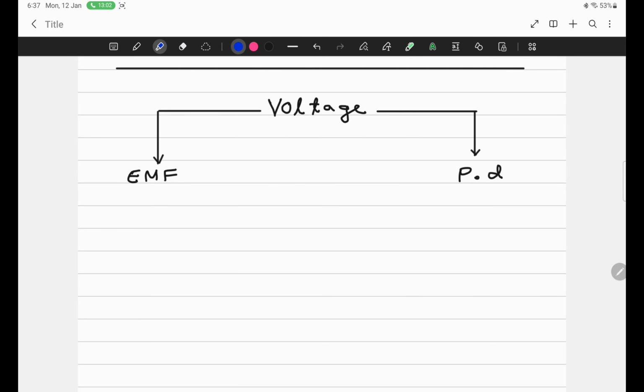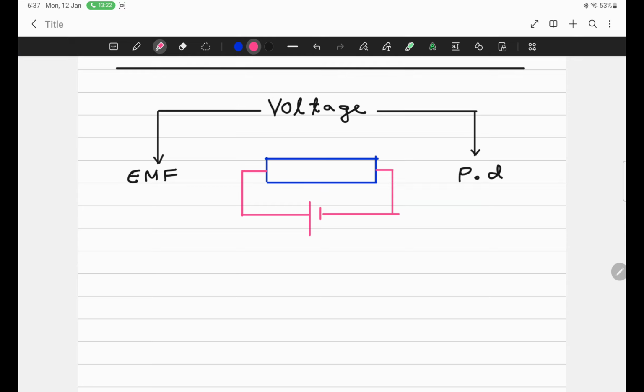And the question is, sir, what is voltage? What is EMF? What is PD? So now I am going to explain. When you connect a conductor with a battery, before connection, electrons were moving in a random direction.